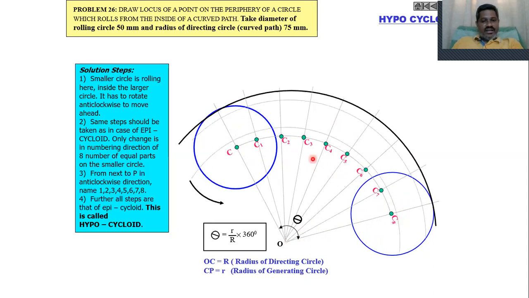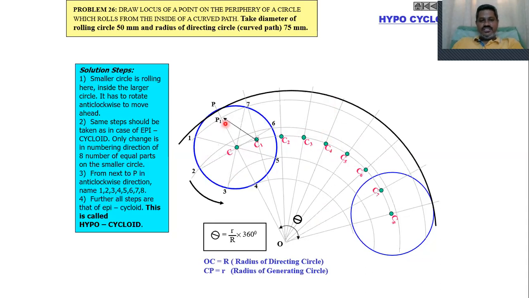Then divide the generating circle into 8 equal divisions as we have done in the case of the sector. Then draw the arcs which are concentric to the directing circle from the divided points on the generating circle. Then take the radius of the generating circle in the compass with C1 as center, intersect the first concentric arc, then similarly the second, third.